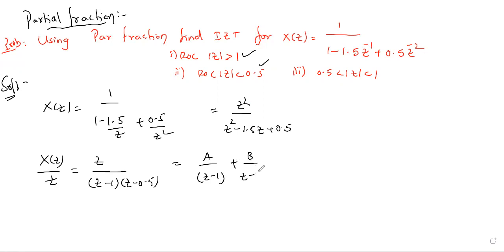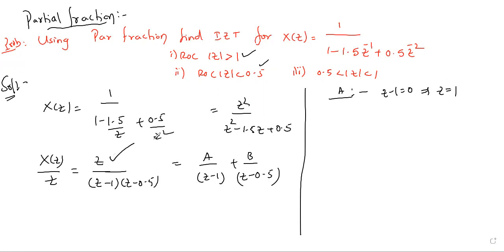Now, to find the constant, I have already explained the shortcut method. To find the constant, whatever denominator is there, equate it to 0, then substitute that z value in this function. So 1 by 1 minus 0.5. We should not consider z minus 1, since the corresponding constant itself we are trying to find.